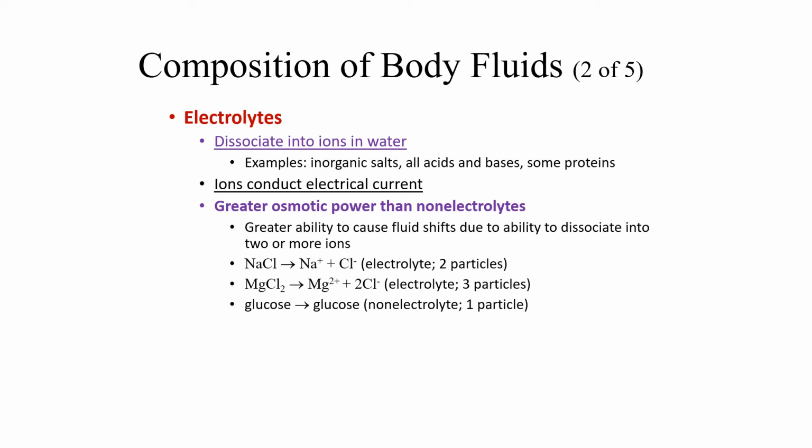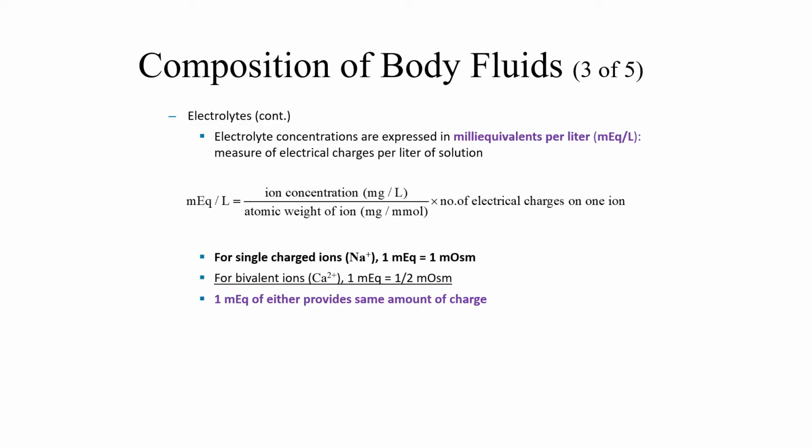Magnesium chloride dissociates into three particles. You stop and think about this. This means that the more particles you have, the more influence the molecule has over fluid shift in the compartments. Let's look at electrolytes.